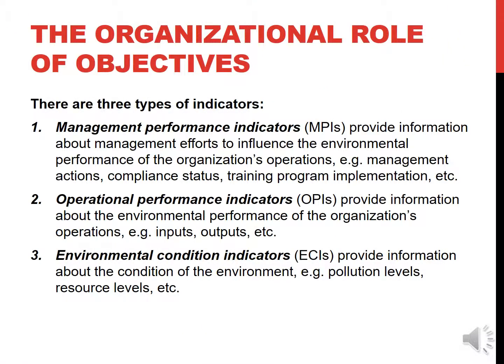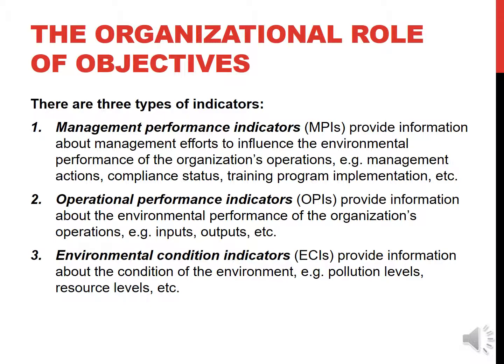There are three types of indicators you can use. And it's so important to understand that the choice of indicator is just as important as the choice of objective, because the choice of indicator will define your endpoint, or define what needs to be achieved in a way that can be measured. So there are three types. Management performance indicators provide information about management efforts to influence the environmental performance of the organization's operations.